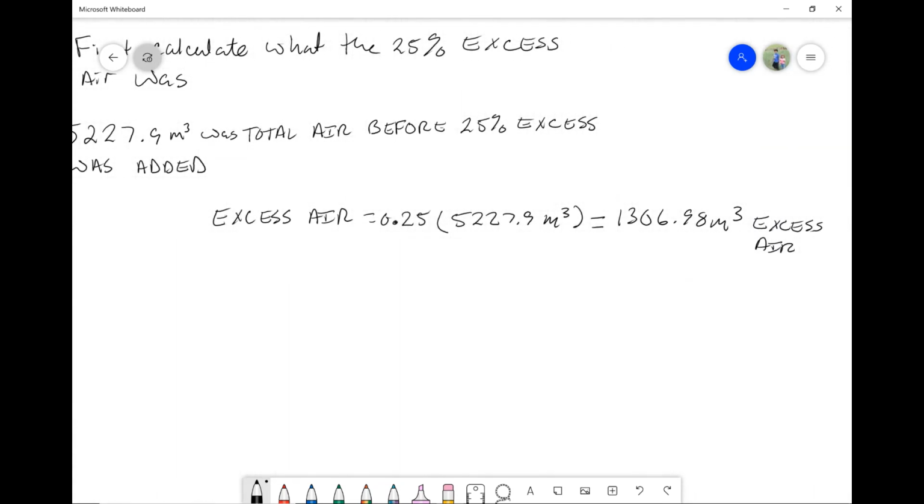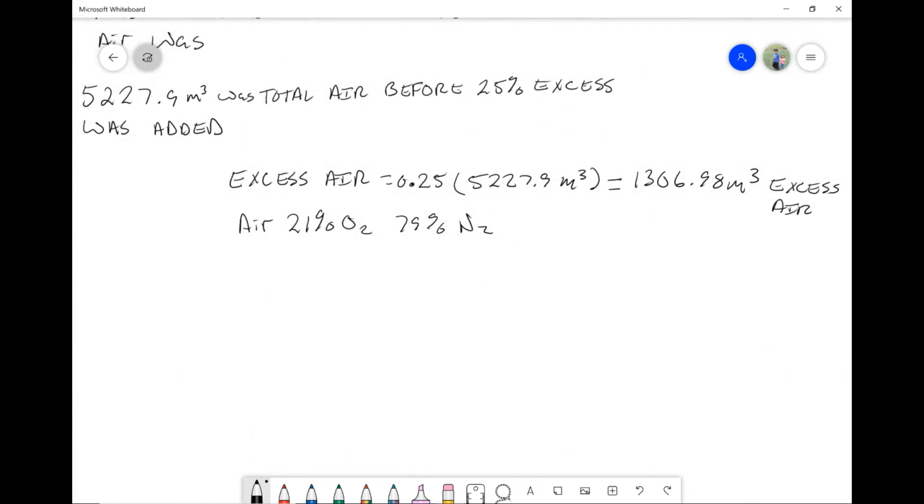And to get the O2, we know that air is 21% O2 and 79% N2. So O2 is 0.21 times 1306.98 cubic meters.